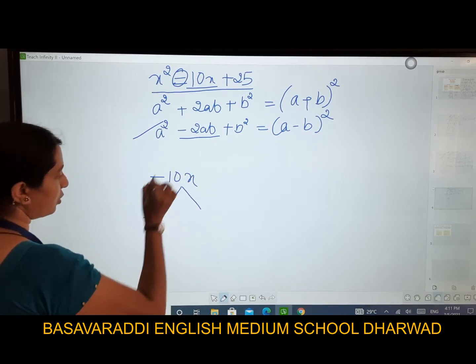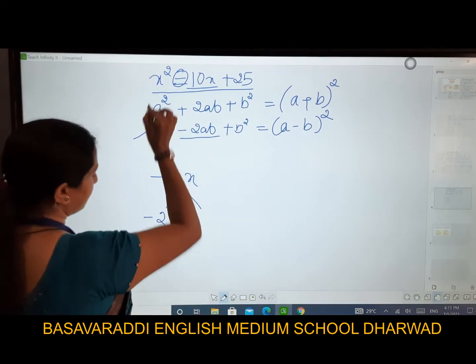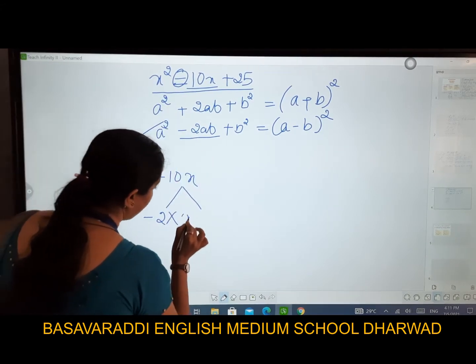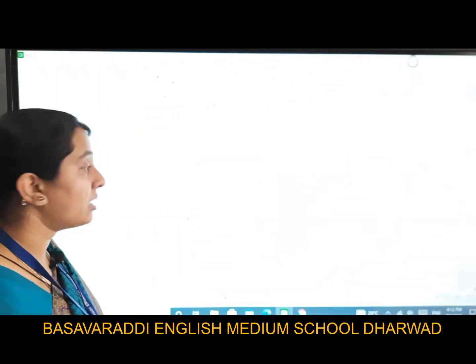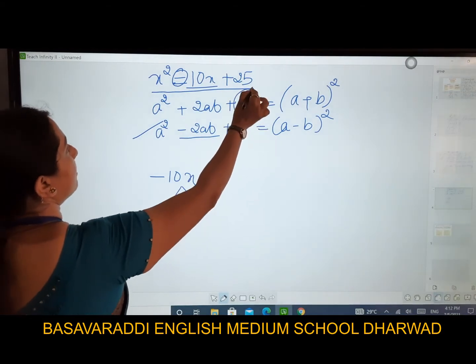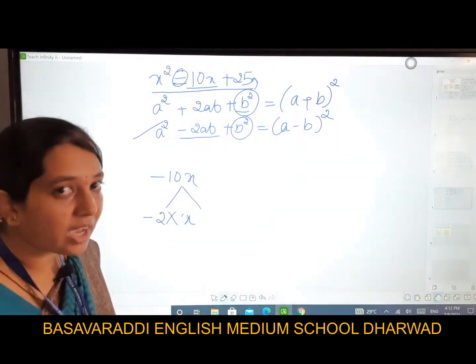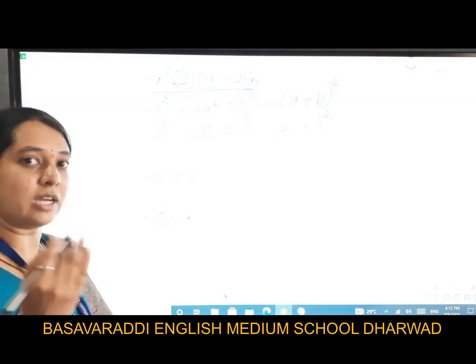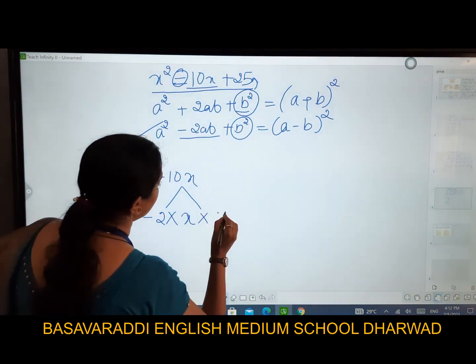Yes, we do have 2. So we have 2, and a's place is x, so 2 into x. 2 has to be multiplied with something that should give me the b value. So if you see b square, it is 25. So 5 square is 25 there, so write it as just 5.